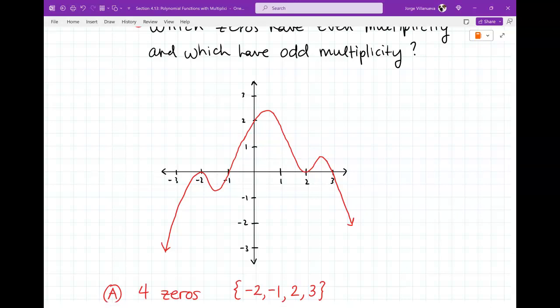By looking at the picture. You should be able to figure out what its solutions are just by looking at a picture. Okay? So our solutions are negative 2, negative 1, 2, and 3. Don't worry about how high it went and how low it went on the valleys and the highs and stuff. Don't worry about that stuff. Just look at the x-axis. Okay? Focus on that. Your homework today is basically this.